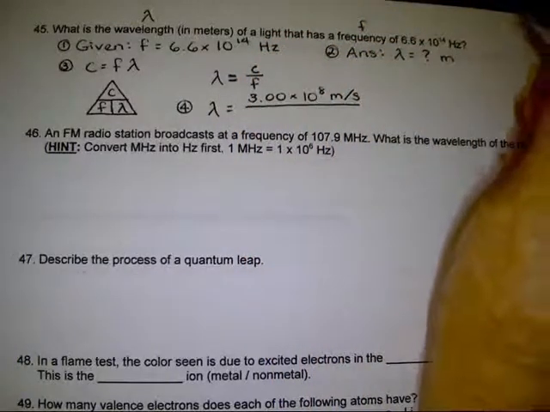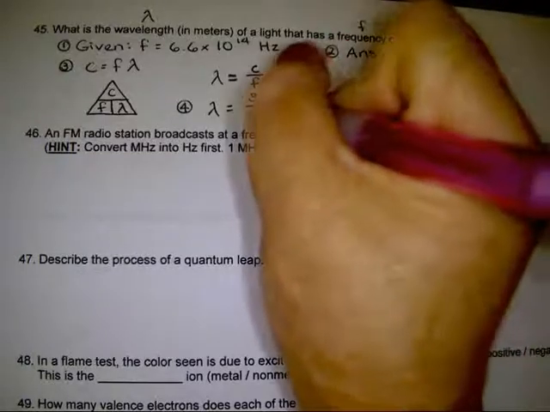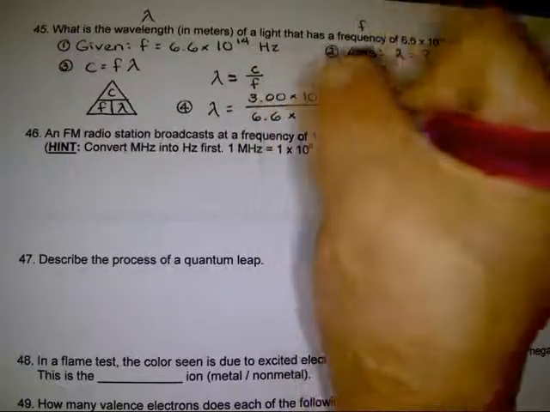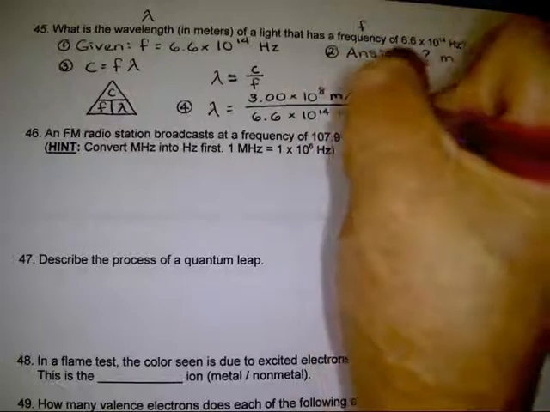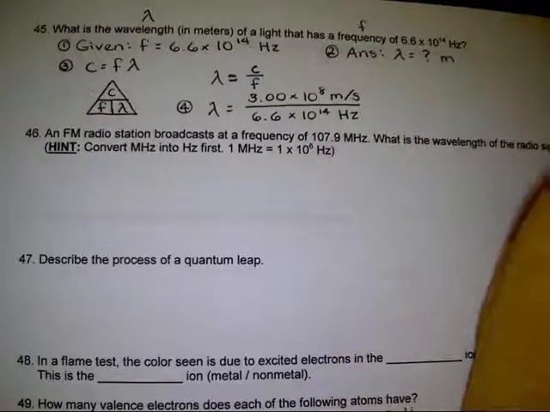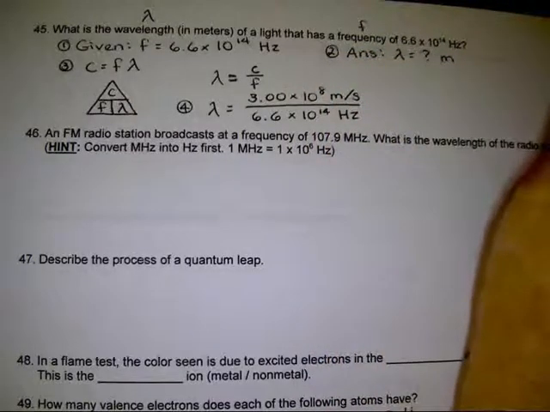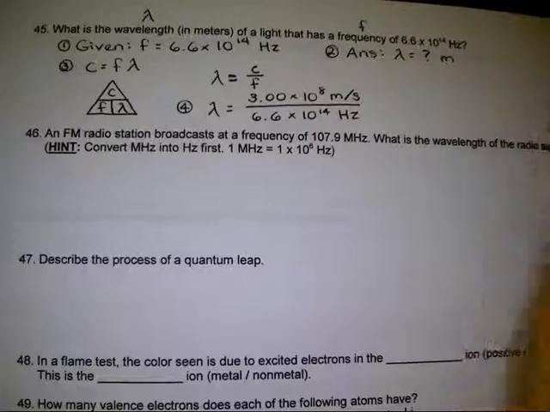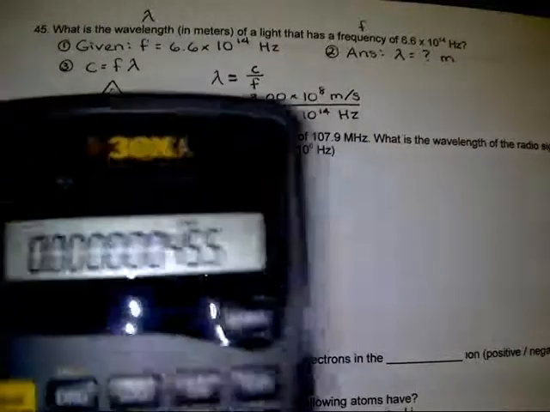And that's going to be over our given, the frequency, 6.6 times 10 to the 14th power hertz. My given has 2 sig figs, which means my answer must have 2 sig figs. And let me punch this into my calculator. And here's my answer.